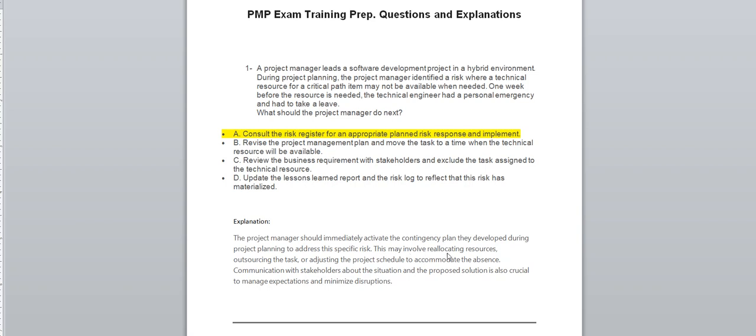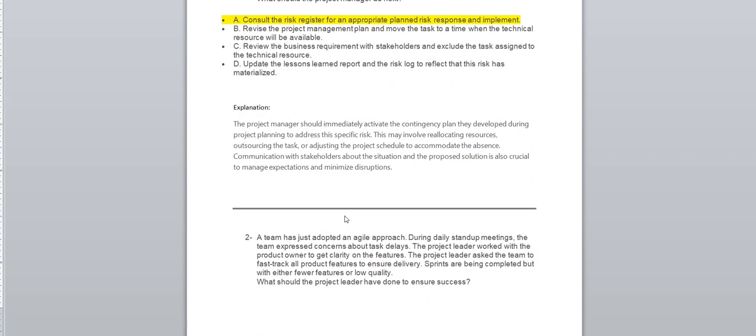This may involve relocating resources, outsourcing the task, or adjusting the project schedule to accommodate the absence. Communication with the stakeholders about the situation and the proposed solution is also crucial to manage expectations and minimize disruptions. And we go to question number two.